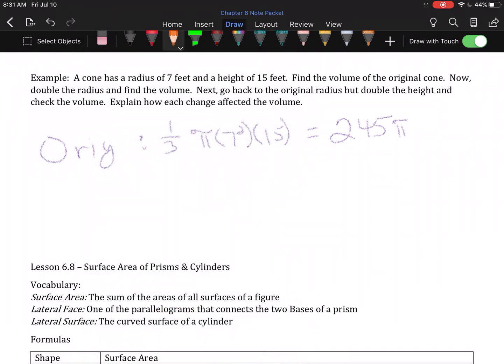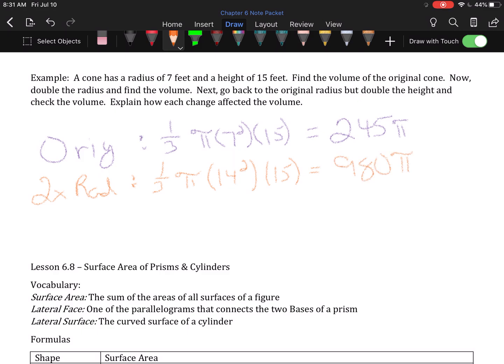We want to do it when we double the radius. So the 1/3 doesn't change, the pi doesn't change, the 7 now doubles up to 14, the 15 doesn't change. So 14 squared is 196. 1/3 of 15 is still 5, so 196 times 5 is 980 pi.